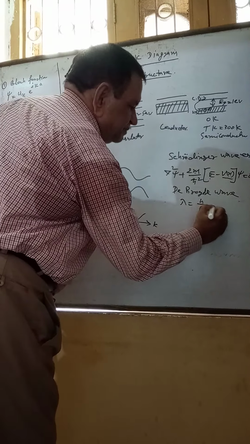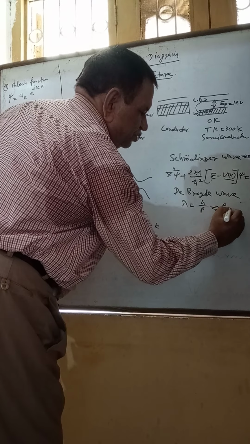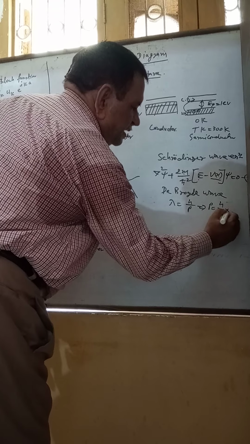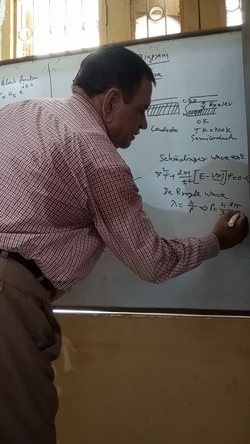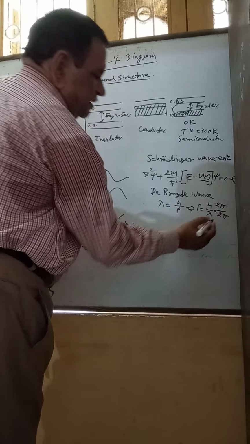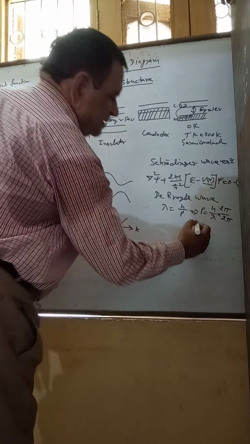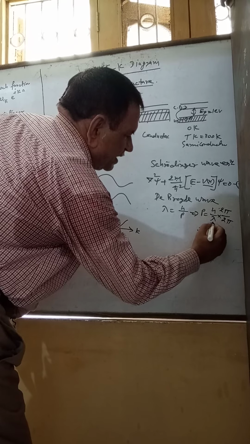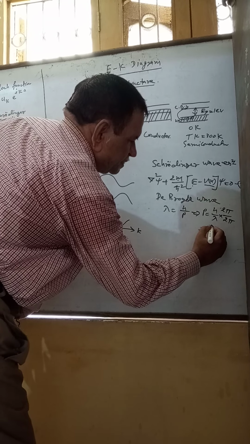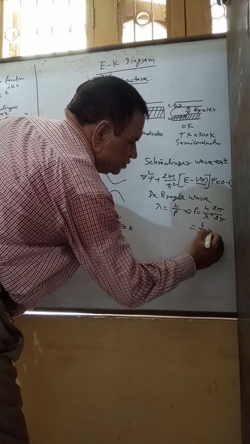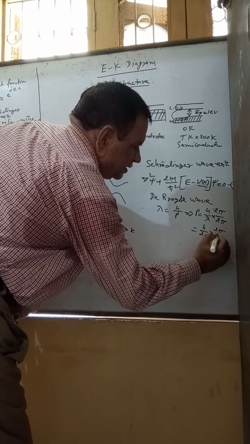This implies p is equal to h by lambda, and when we multiply and divide by 2 pi, we have h by 2 pi into 2 pi by lambda.